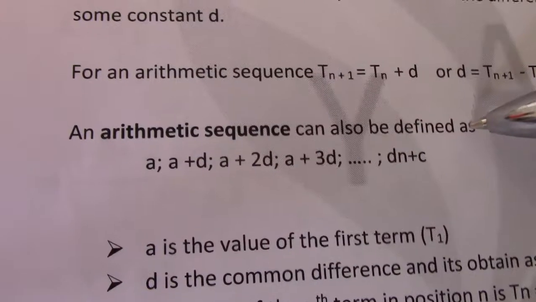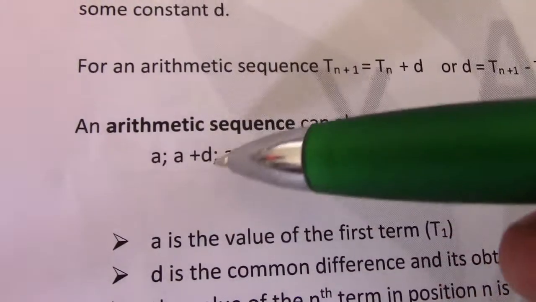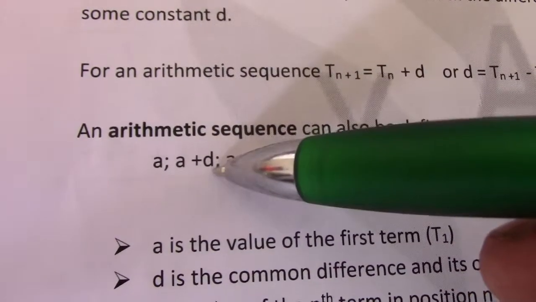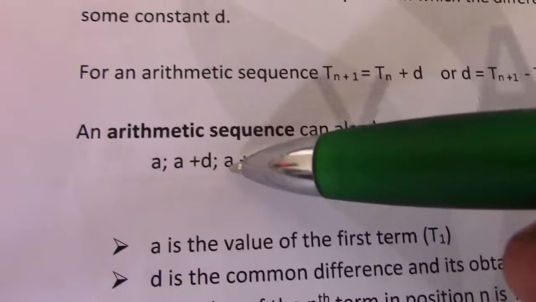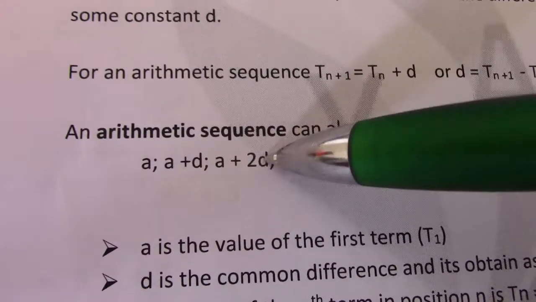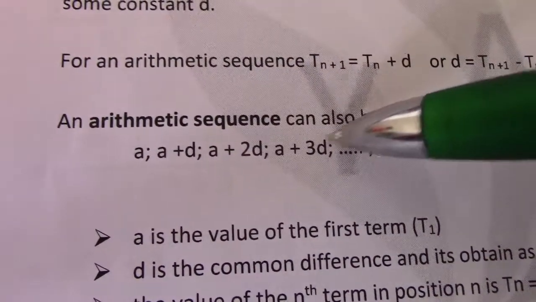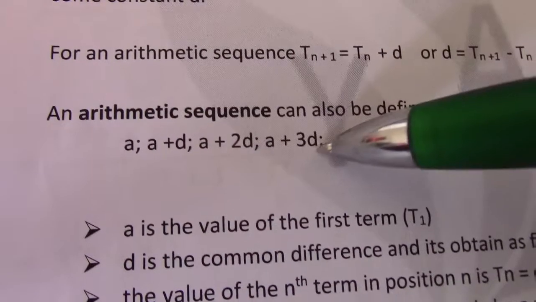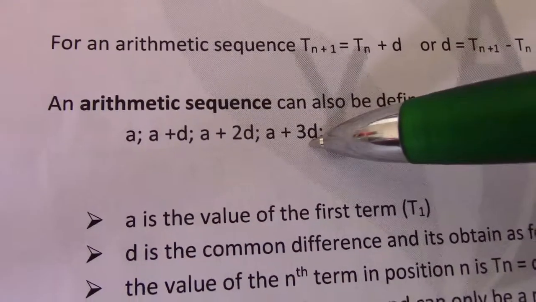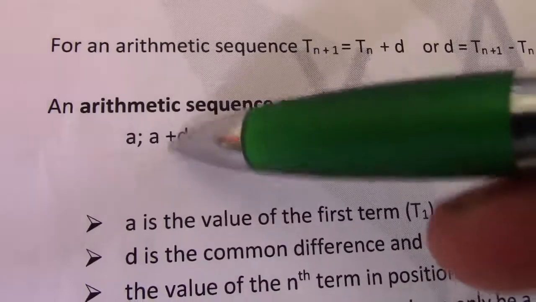An arithmetic sequence can also be defined as a, then my second term would be a plus the difference, my third term would be a plus 2 times my difference, as you can see there from a, and then my fourth term a plus 3d.